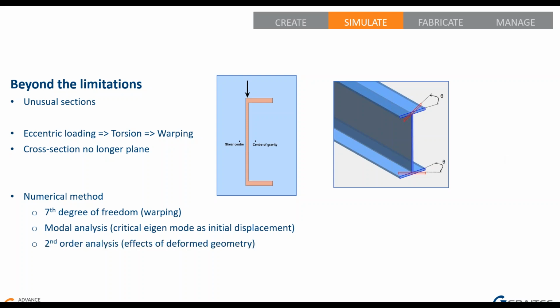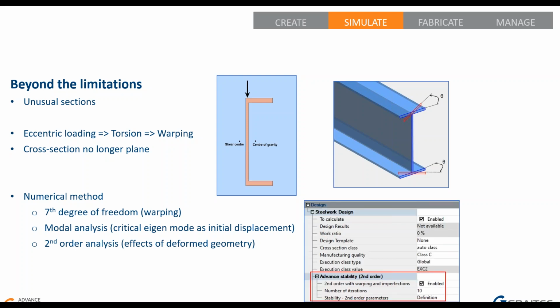And then you need to run a second order analysis on the member to account for the effects of the deformed geometry. And in advanced design, we do have a method for that. It's what we call the advanced stability, and it will run a second order analysis on the member with warping and with imperfection.